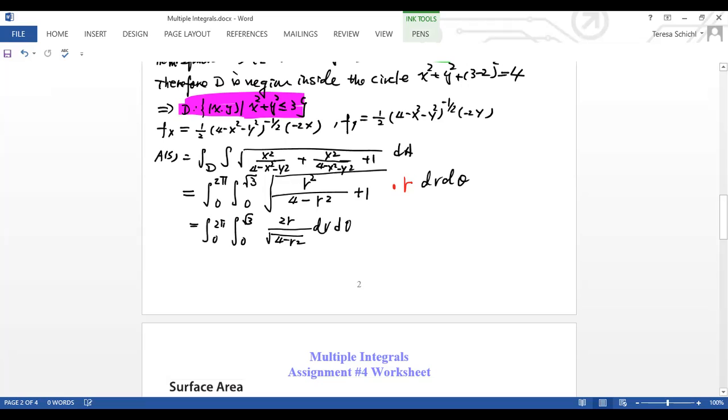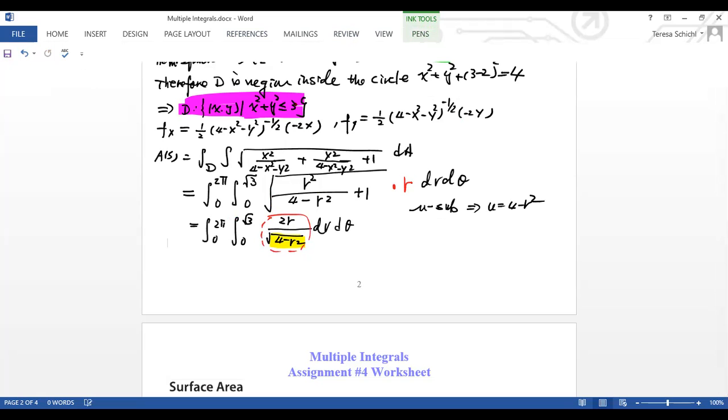So this is cool again because you have 4 minus r squared and you have 2r. So what you can do here is another u sub, right? You can say u equal to 4 minus r squared. Then you will be able to take the integration of this one here, okay?